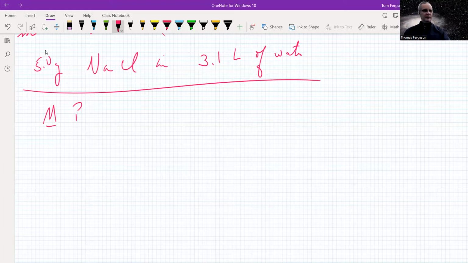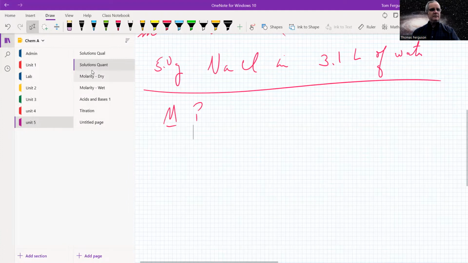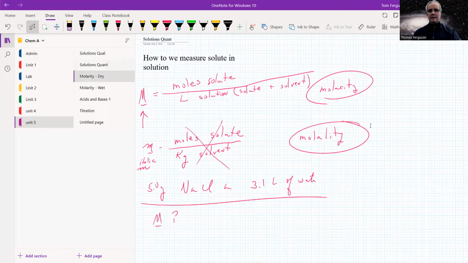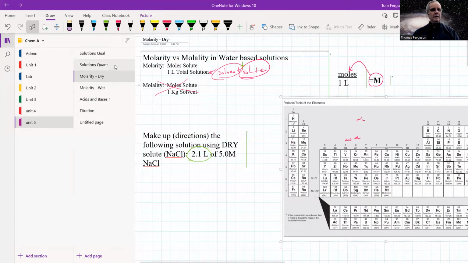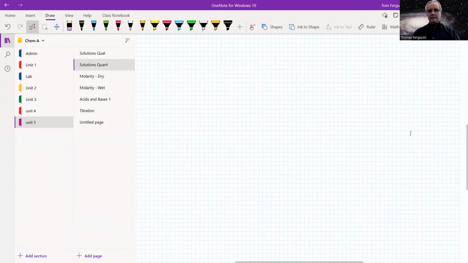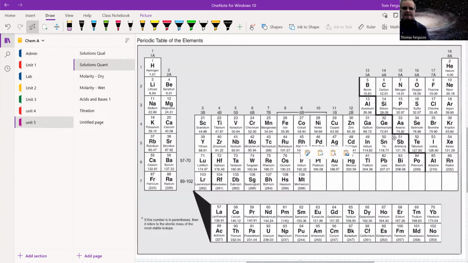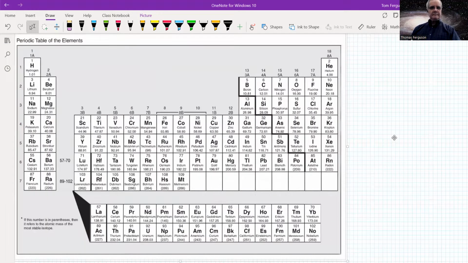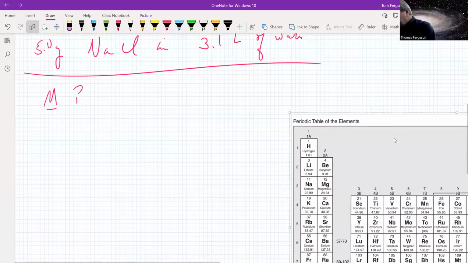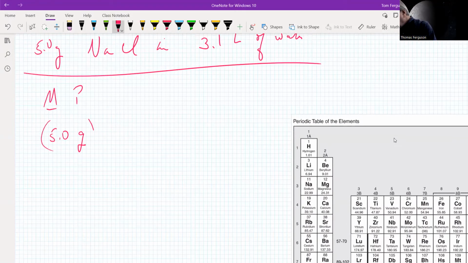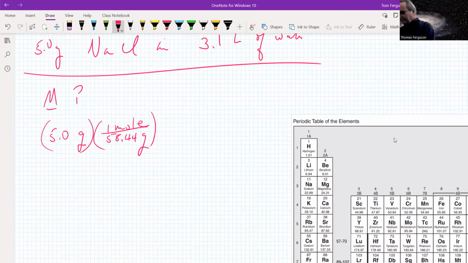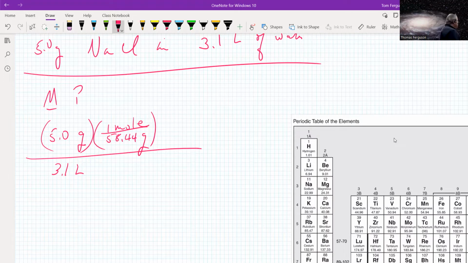I need to find a periodic table. So that's what we have to calculate.